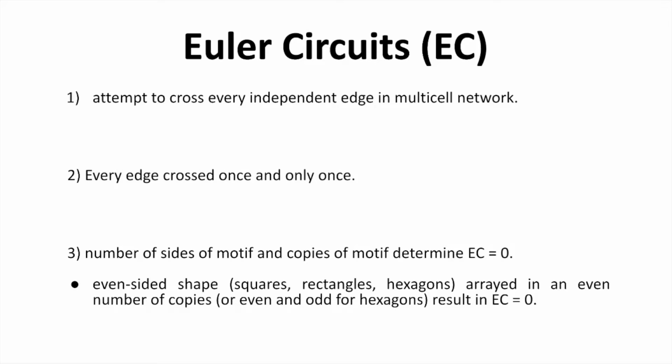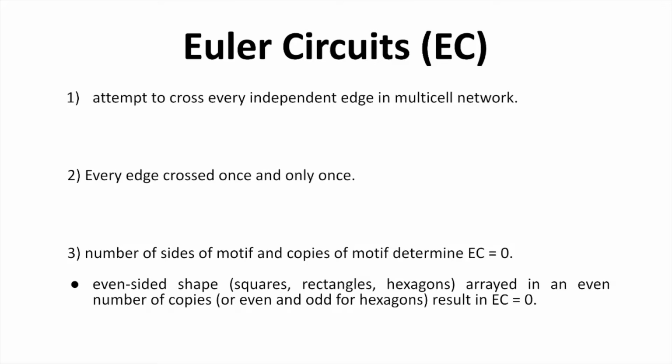There are a number of sides that exist. They have to equal 0. There are a number of shapes that lend themselves to this, but that doesn't mean that we can't evolve these networks or these Euler circuits to be very complex and to include multiple shapes.